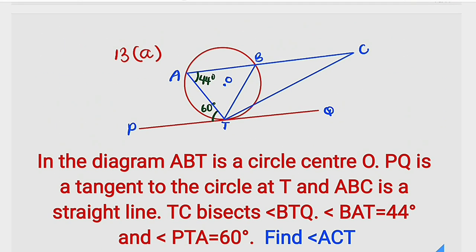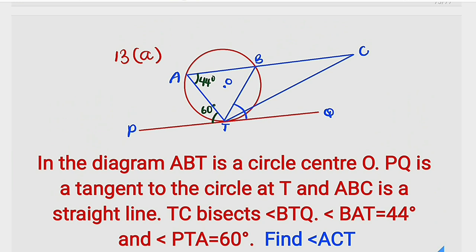Then, we need to find this angle right here. Remember, I told you that this line bisects the angle BTQ. Therefore, if this is X, this must be X. The same thing, according to alternate segment theorem, this angle and everything here are equal, right?